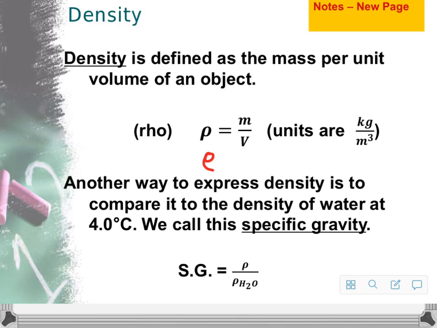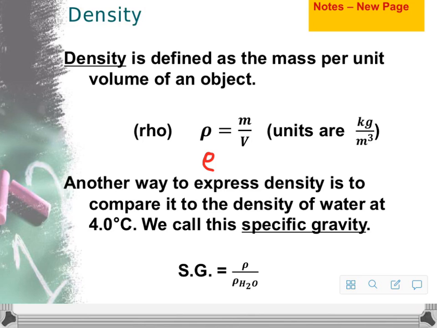If you're curious what the density of water at 4 degrees is, I actually forgot to look that up. I know it's somewhere around 1,000 kilograms per cubic meter. Let me see what the exact number is. Sorry, I should have had this ready already.